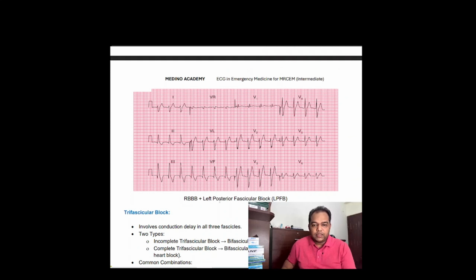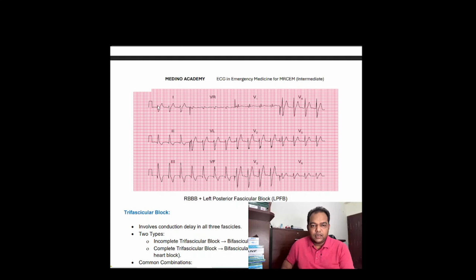Now RBBB plus left posterior fascicular block is another possible combination of bifascicular block. Here you can appreciate M pattern in V1 that represents RBBB, and left posterior fascicular block, which is represented by right axis deviation.